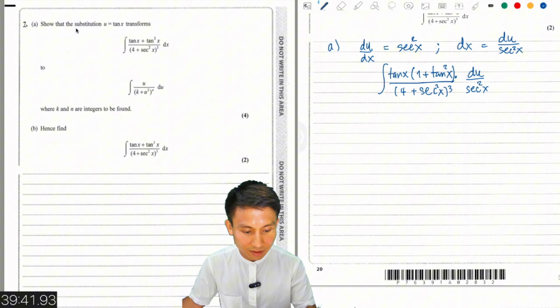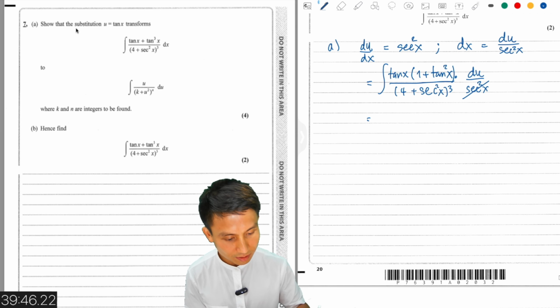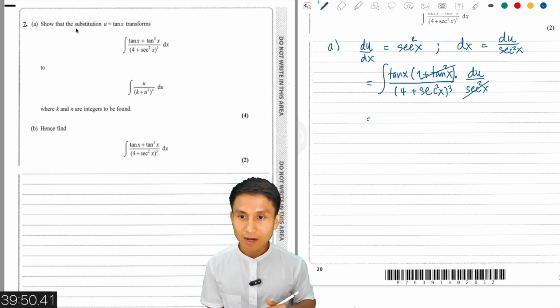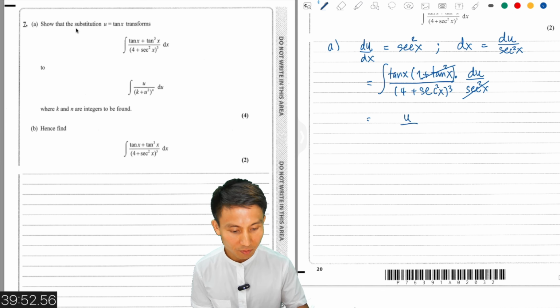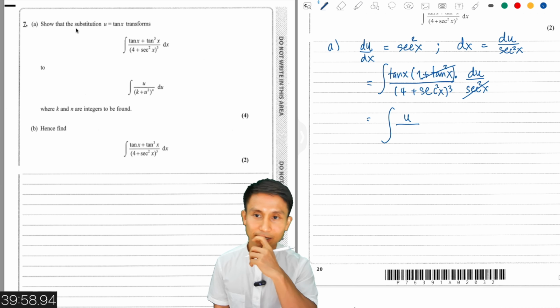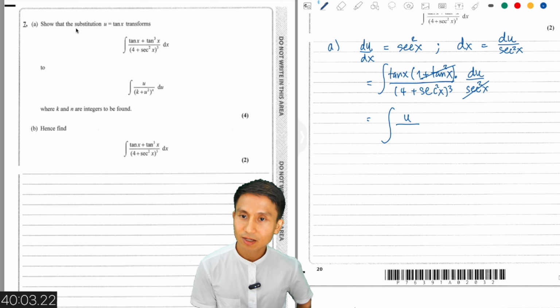All right, okay. And then this will cancel, right, because they're equal. And then tan x will be u on there. Okay, now we have the u there. That's smooth. And then for the sec squared, well, guys, interesting one here. Let me see.